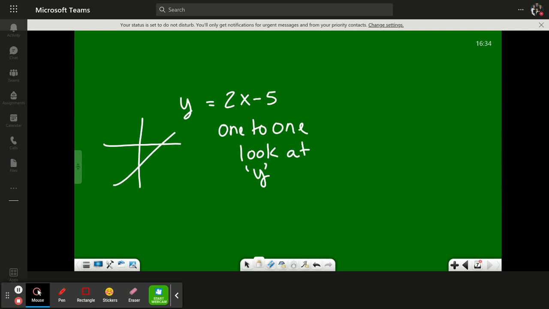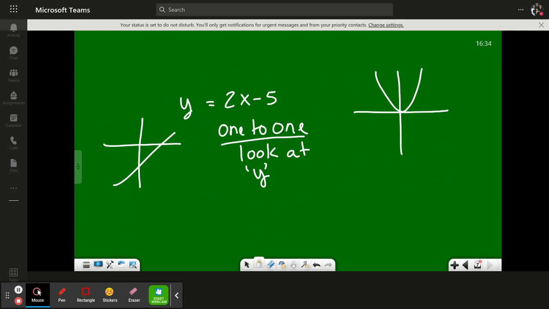So not only do I now have the vertical line test, but with a one-to-one function, I've got the horizontal line test, right? So let's say that I had my parabola. Now, a parabola varies very slightly, but it does get wider continuously, right? So a parabola is going to pass a vertical line test.